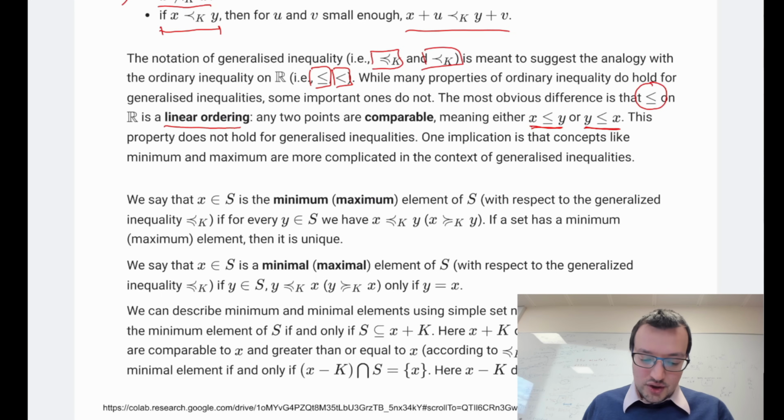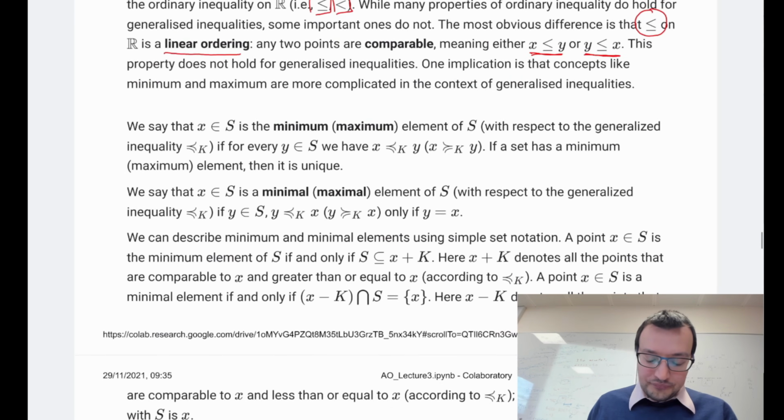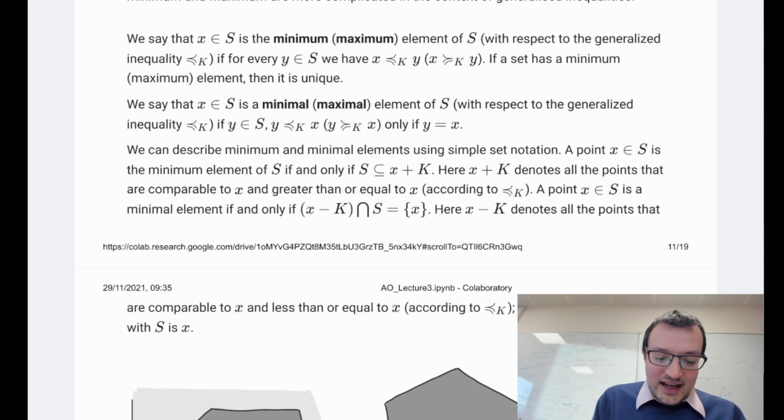This has a consequence which is very relevant for optimization, which is the fact that we can distinguish two different types of optimality. In particular, we can distinguish between something that we call a minimum and something that we call a minimal element of a set. So let's look at the two differences.